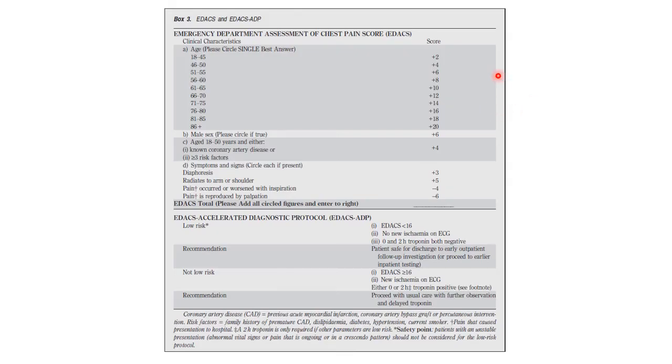So there are many components to EDACS, including age, gender, risk factors, other symptoms. So less than 16 is deemed low risk according to EDACS, and greater than or equal to 16 not low risk.